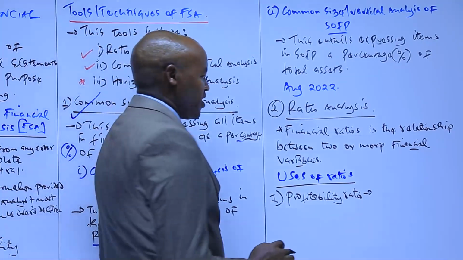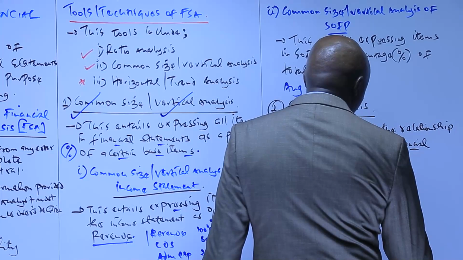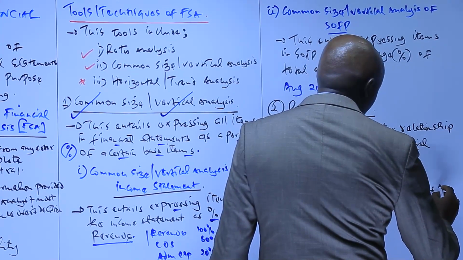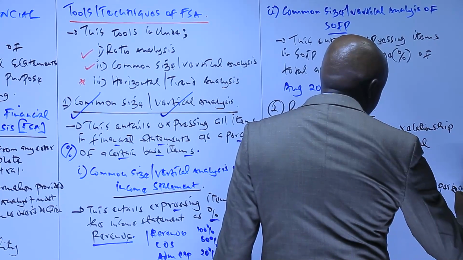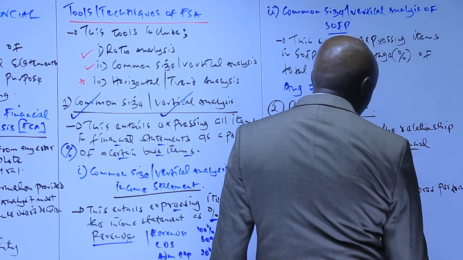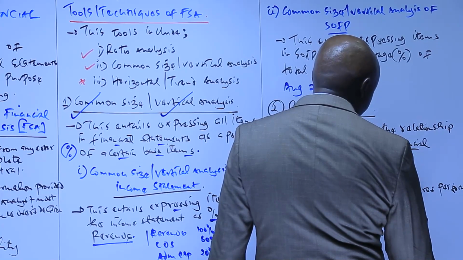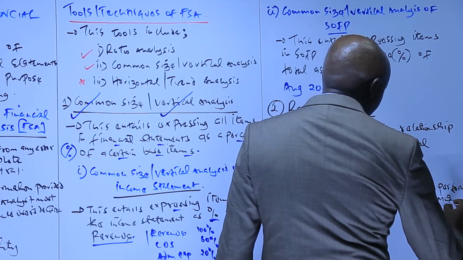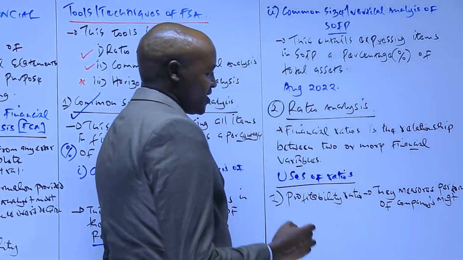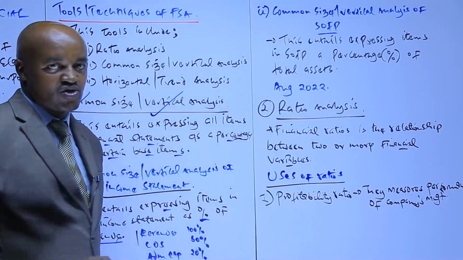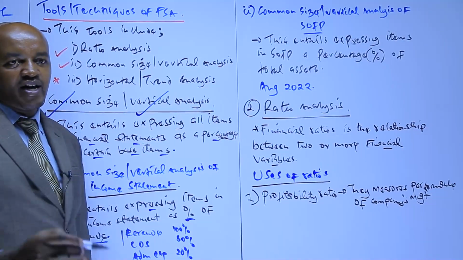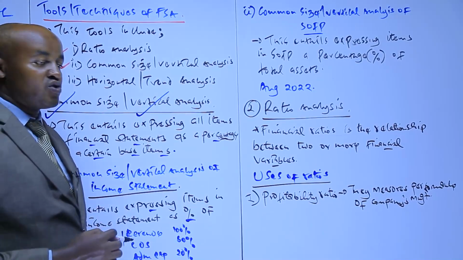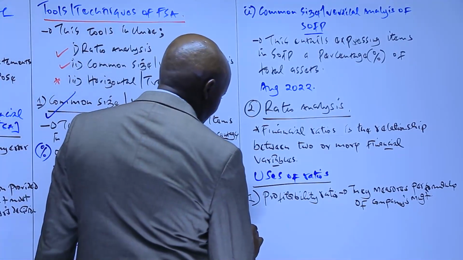So therefore these ratios measure performance of company's management. If a company is performing well, we have said that will be as a result of the good performance of the management. If the company is performing poorly, we can also say it is as a result of the performance of the company's management.